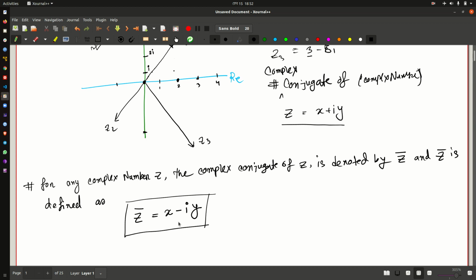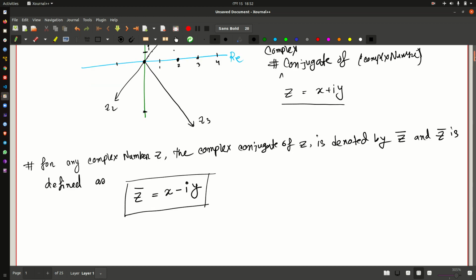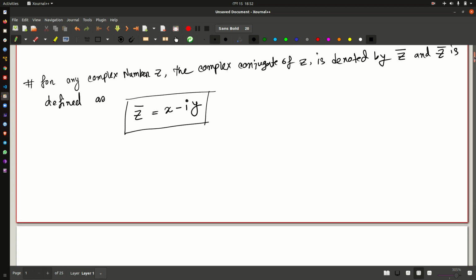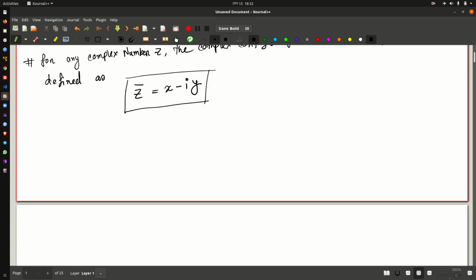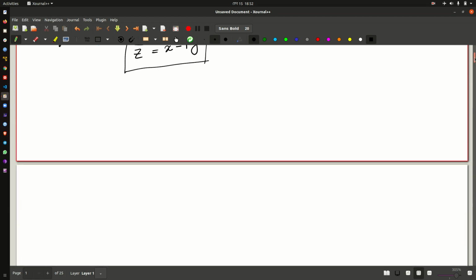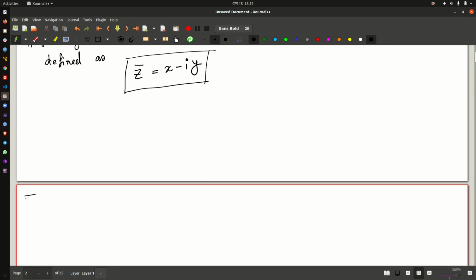And now, before we move on, I want to discuss some algebraic properties of complex numbers as well. We will come back to the distance thing a little later. So some basic algebraic properties.